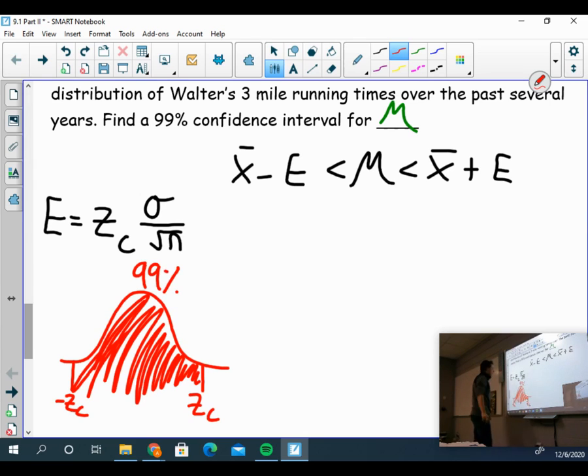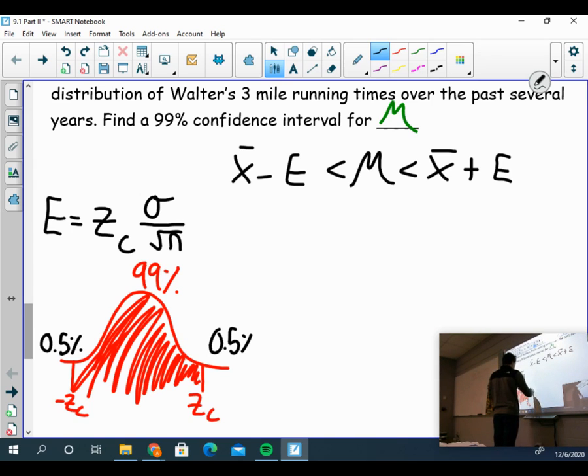Well, if 99% of the data is between those two values, then 1% is left for the non-shaded region. That 1% can be divided into the two tails, so we have 0.5% on each tail.